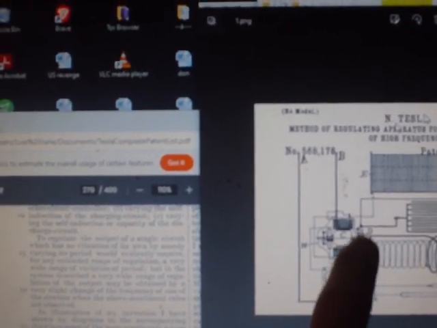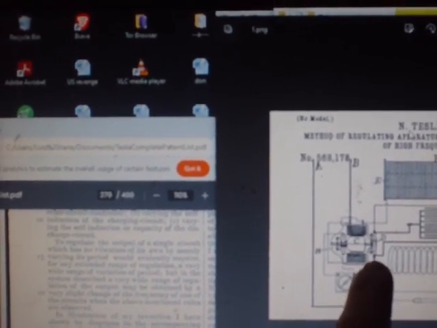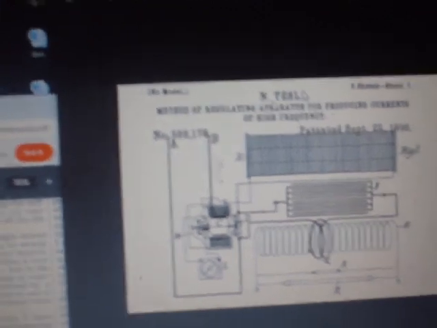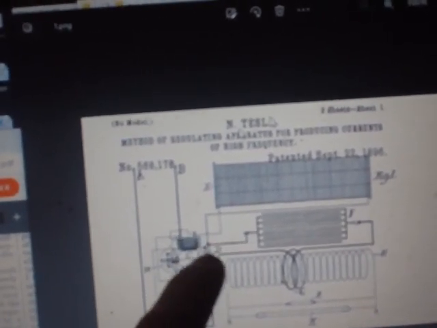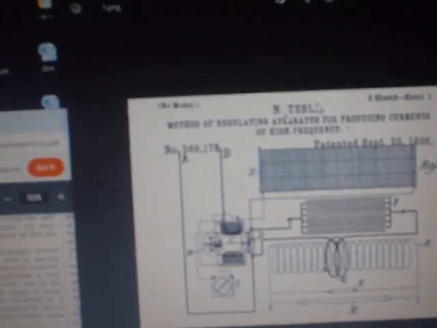This circuit controller will alternately open and close the circuit. So you can have your circuit controller built on a small motor with little pieces of copper, this and that, and let it turn around and make it alternately open and close your circuit.